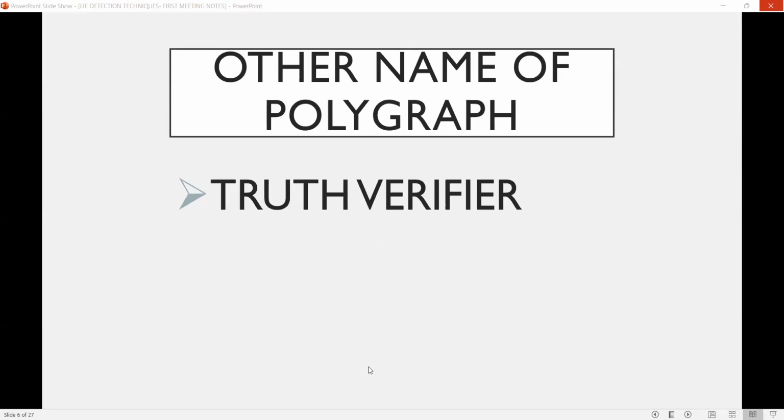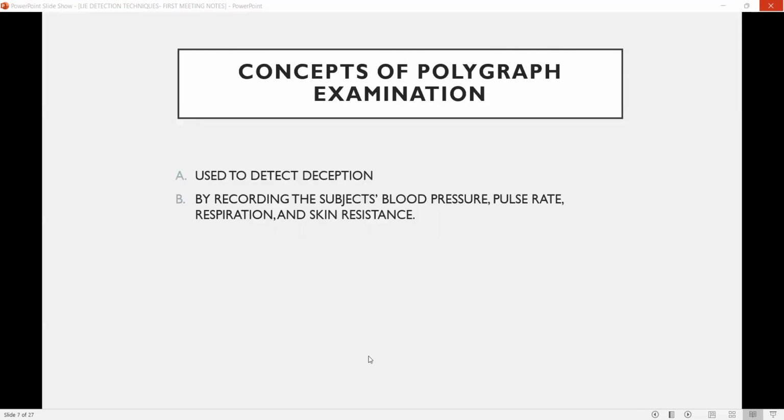And another name of polygraph is truth verifier, because a polygraph machine, they say, verifies whether the subject is telling the truth or telling a lie. We have here concepts of a polygraph examination.